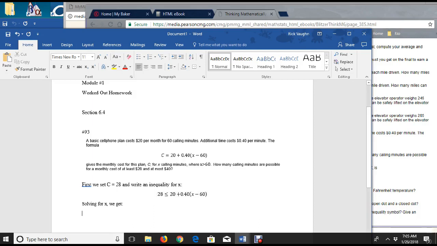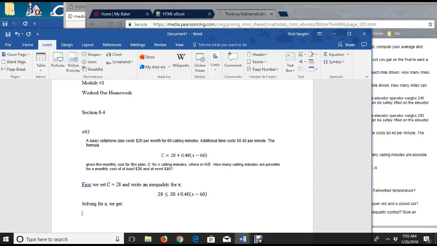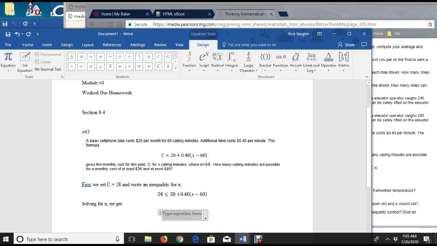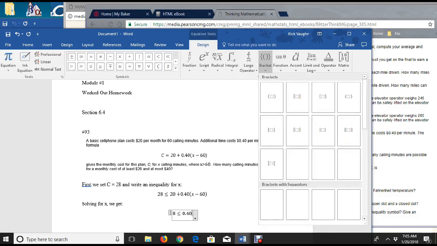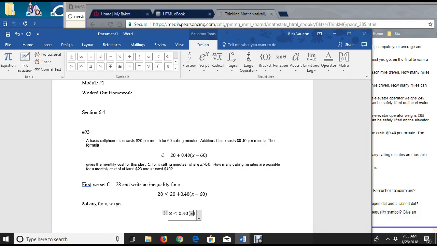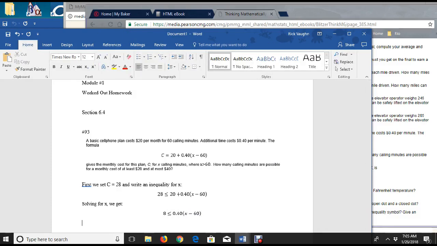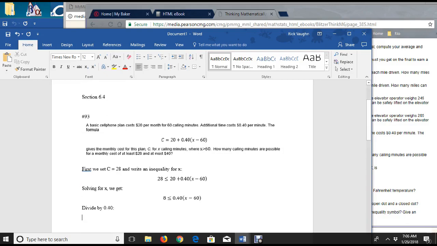Now I can show most of the steps here. I'm going to subtract 28 from both sides. 8 is less than or equal to 0.40 times parentheses x minus 60. Divide by 0.40. I'm just narrating what I'm doing in each step as I simplify.